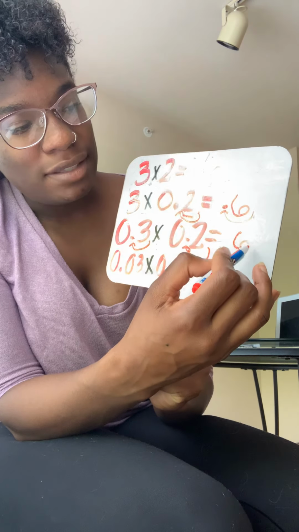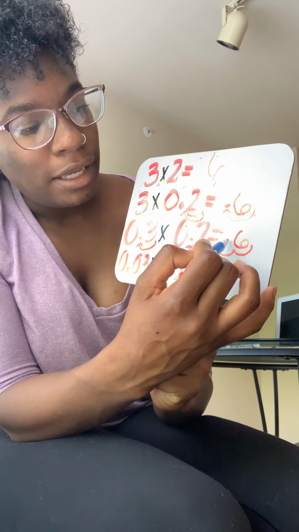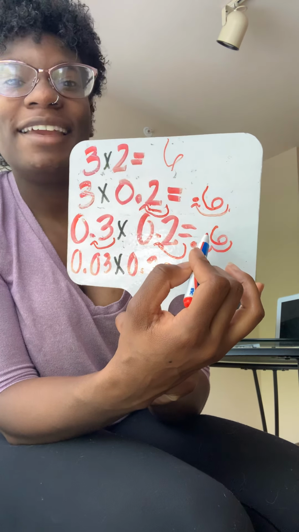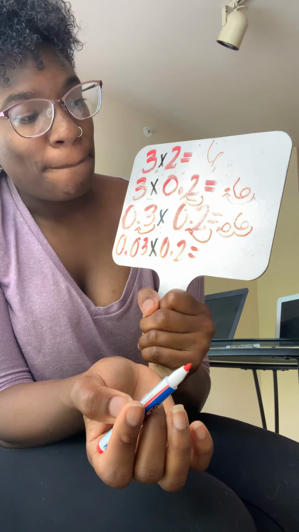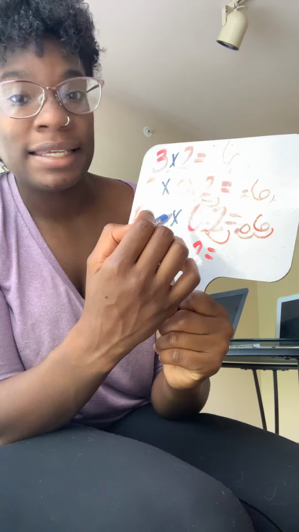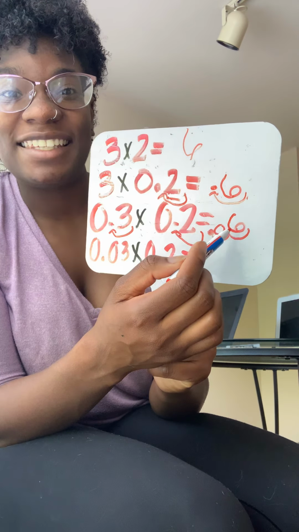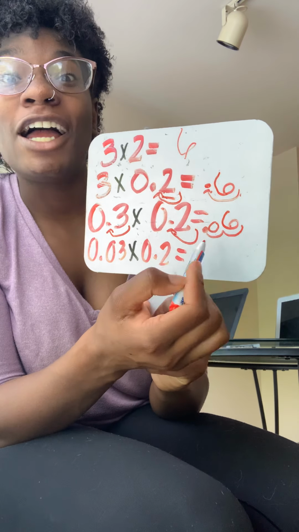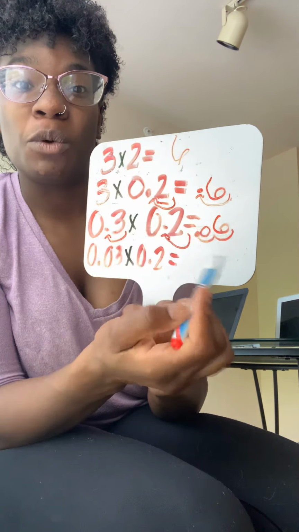So we've got to do the same. Move 1 and 2. And we know that we always fill in with a 0. So now, 3 tenths times 2 tenths is equal to 6 hundredths. All right, 10 times 10 equals 100.